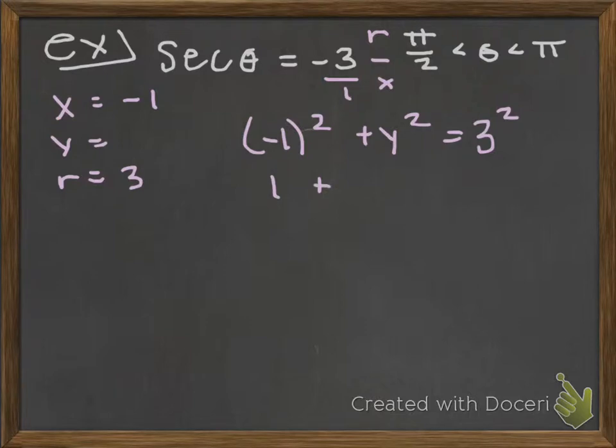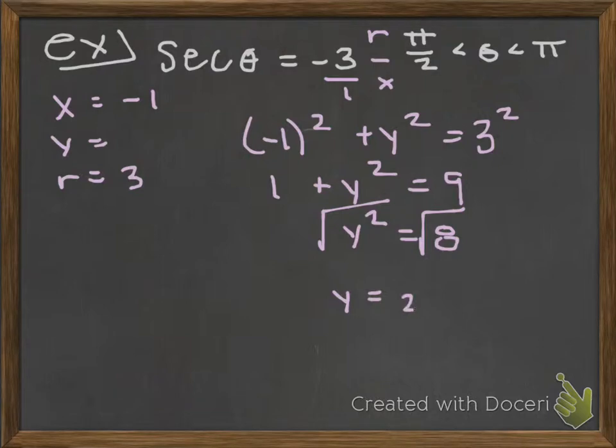So I have 1 plus y squared equals 9. Subtract 1 from both sides, so y squared equals 8. And then we take the square root of both sides, and when I break this down, I get y equals 2 root 2. So my y value is 2 root 2.